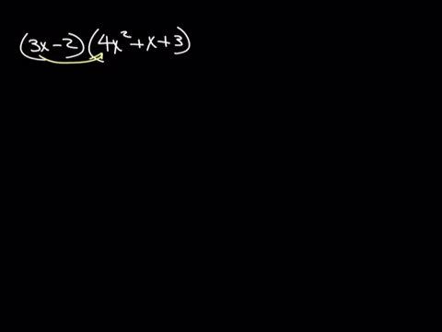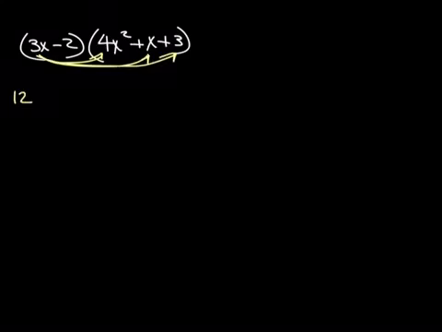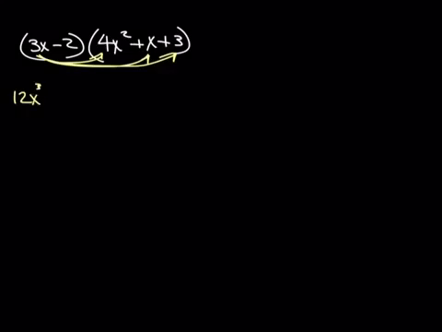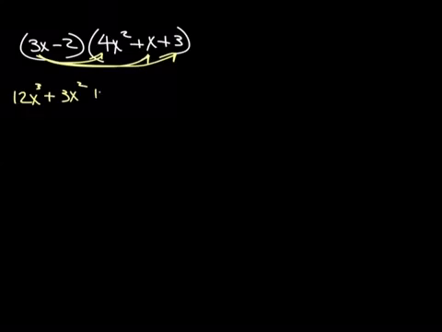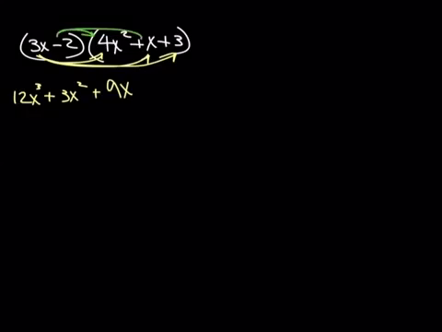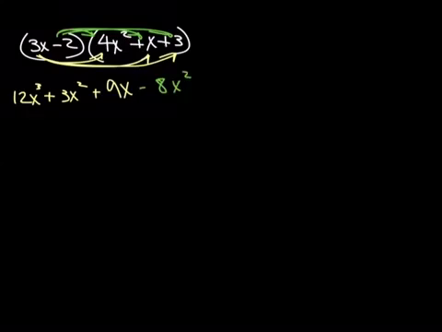So again, this times this. Okay, so let's do the first one. 3x times 4x squared. 3x times x. 3x times 3. And then in green, negative 2 times that, that, and that. So negative 2 times 4x squared is negative 8x squared.